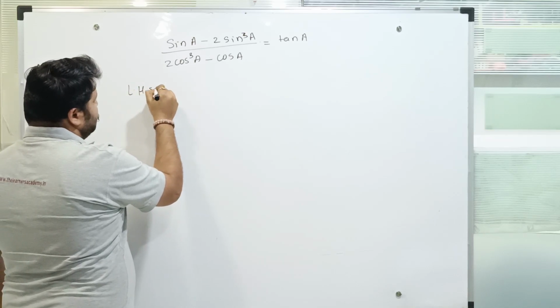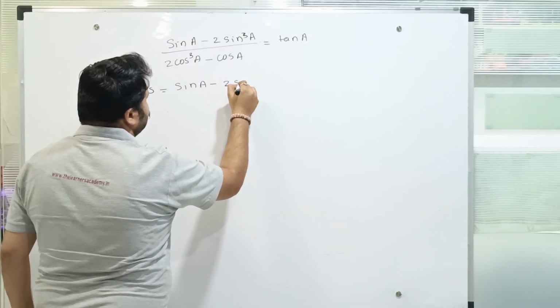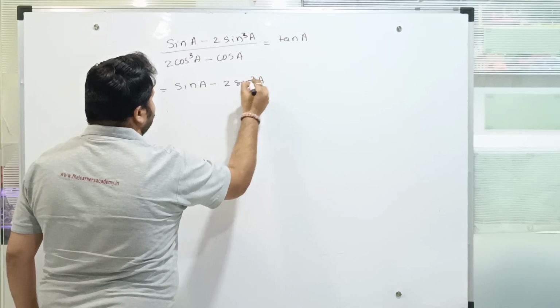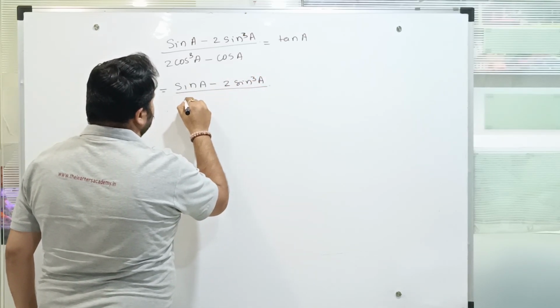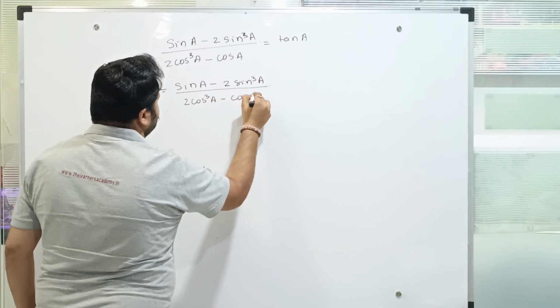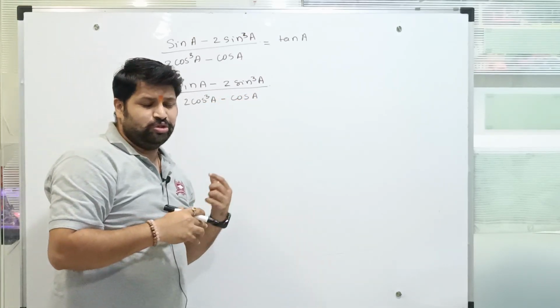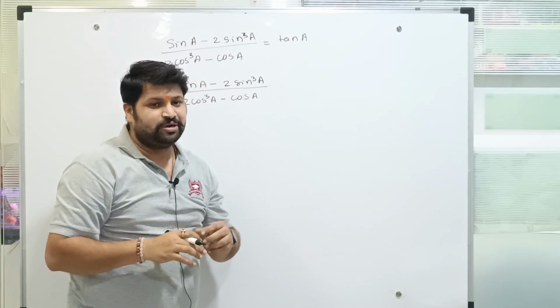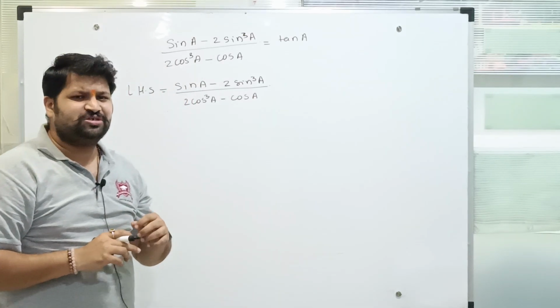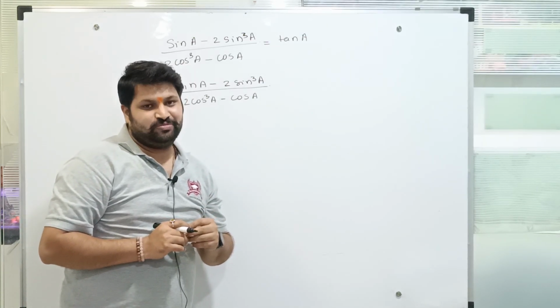So let's see how we can do it. Here the LHS is equal to sin A minus 2 sin cube A upon 2 cos cube A minus cos A. Since we have a cube in both the numerator and the denominator, majority of the students find it slightly difficult to grasp these kind of sums.